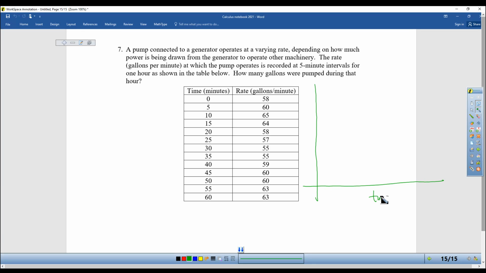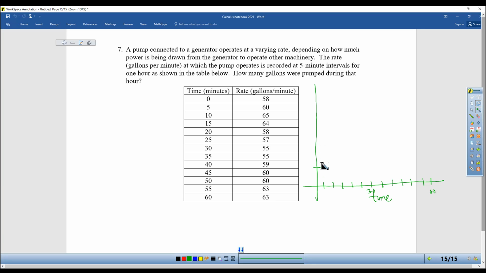So here's my time. Let's see, what do I have to get up to 60? So 5, 10, 15, 20, 25, 30, 35, 40, 45, 50, 55, 60. And let's see, it looks like I'm going from somewhere around 55, looks like the lowest, up to the 60s. So I'm just going to go like this.